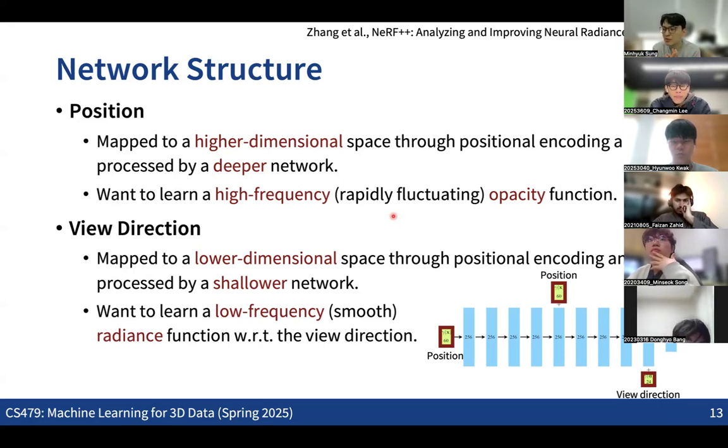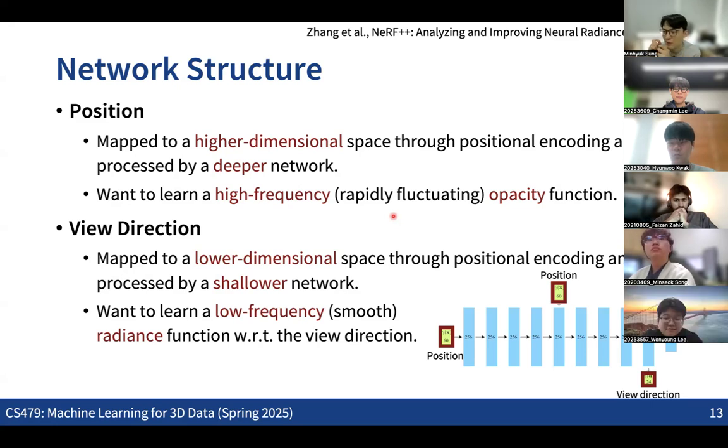But for many cases, like the skin color of my face, depending on which view you are seeing the same point over my skin, it's not expected to see a very different color, right? It might still be something like the skin color, which means that the radiance function, especially with respect to the view direction, will be a smoother function. It's not rapidly changing, but changing smoothly over the changes of view directions.